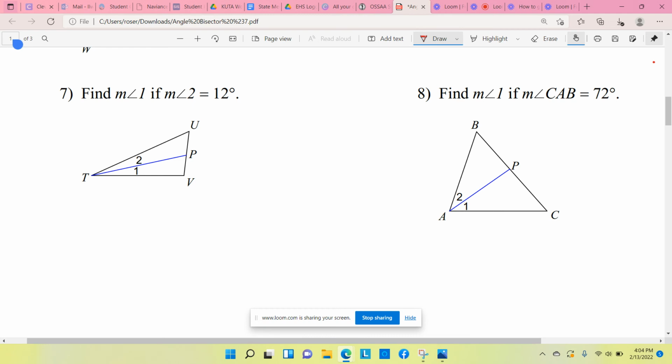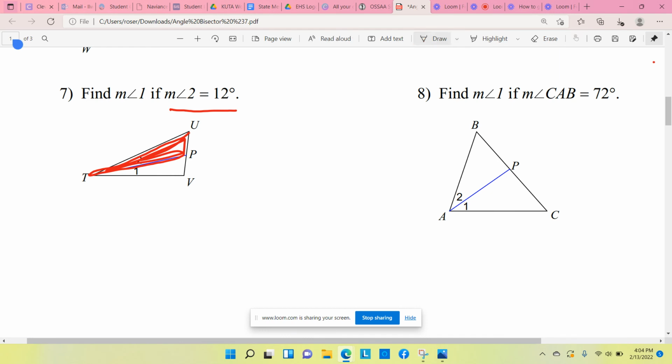Not what they want us to find, but what they gave to us. Yes. The measure of angle 2 is 12 degrees. Now we need to find angle 2 in our diagram. I'm going to start with you. Go to T, and then go to P. It's the little one with the 2 in it, correct? The angle with the 2 in it.